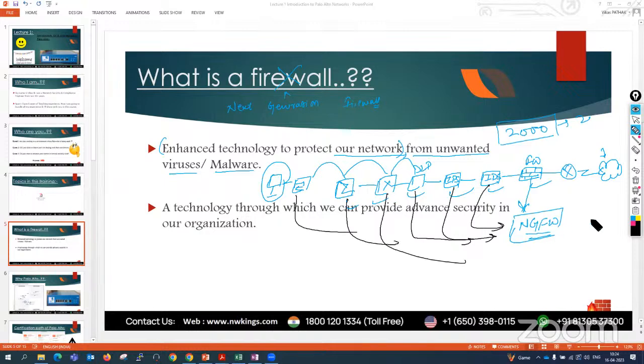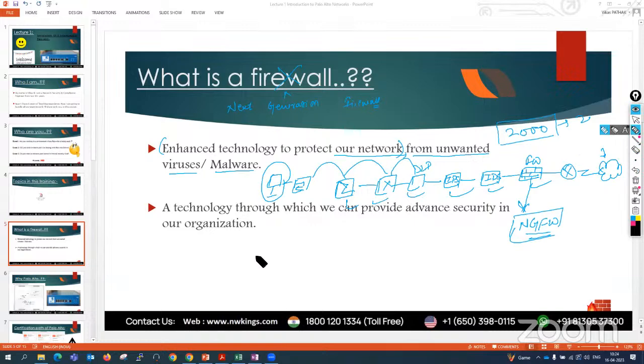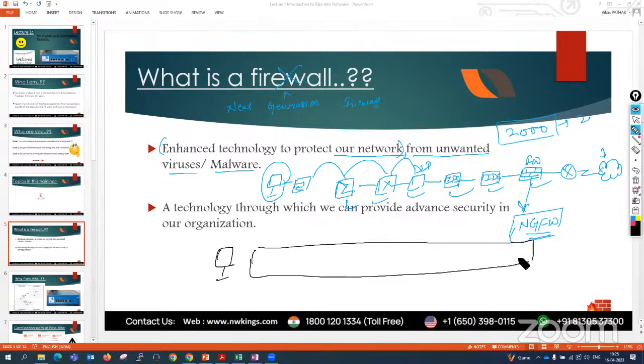Now you have to just replace all this bucket you are using. Here you have to use only one single technology, which is your next generation firewall. So the traffic will land on your switch, from the switch to the firewall, from the firewall to the router, and from the router to the internet. That's all you have to do.